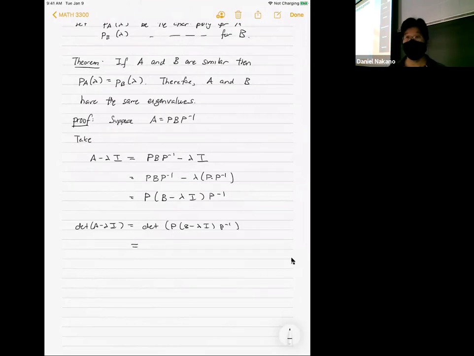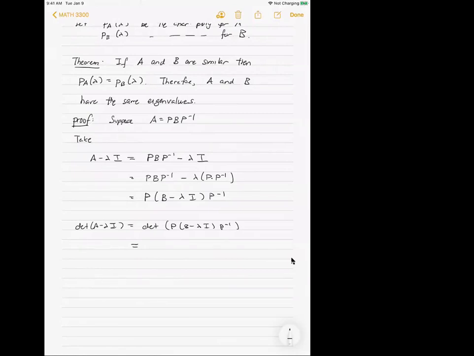Okay, so now what can we do? If I take a product of matrices and I take its determinant, what's it equal to? The product of the determinants of each individual term.